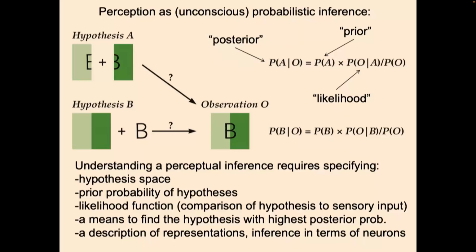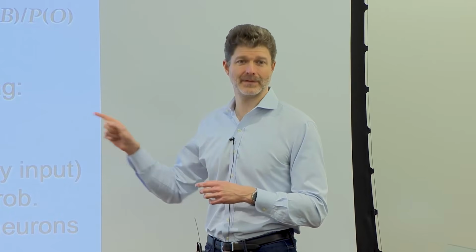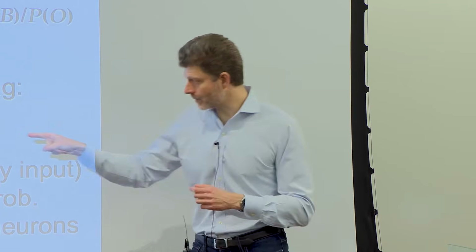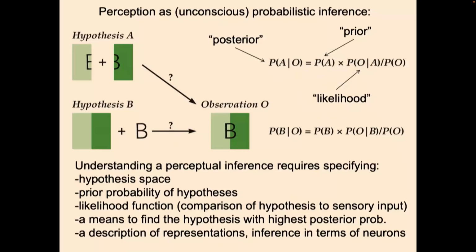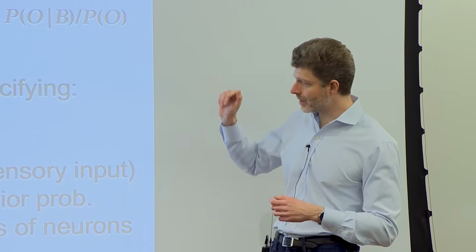If we define the hypothesis space, then we also need to know the prior probability of all the different hypotheses that live in that space. We need a likelihood function, which tells us how to compare a hypothesis to the sensory input. If we've got the prior and the likelihood, that gives us the posterior.